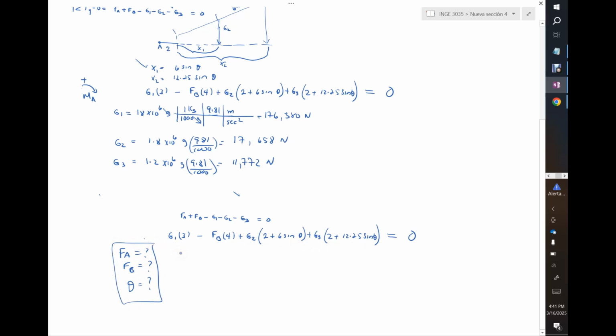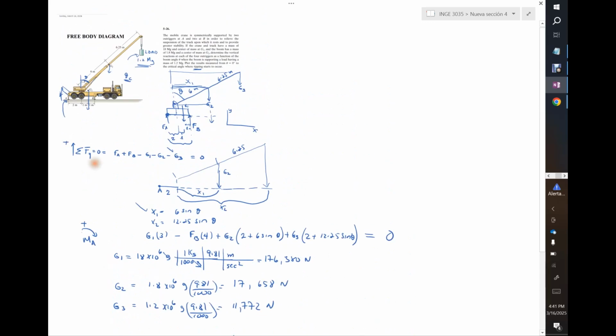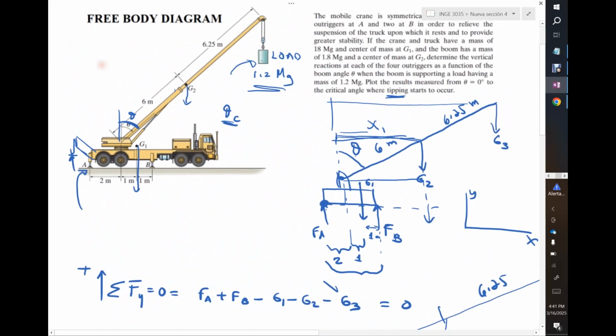But then there's this issue about trying to get that theta that causes the tipping to start, and that would be the maximum angle, because later they ask to plot the result as measured from theta equals 0. That means the boom will be like this, and obviously the loads will be coming down like this, right?